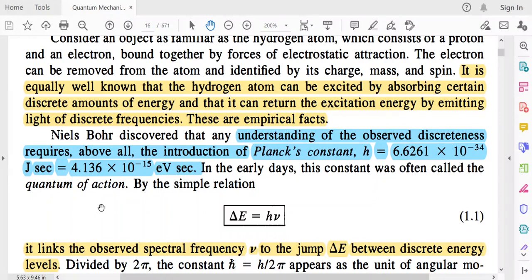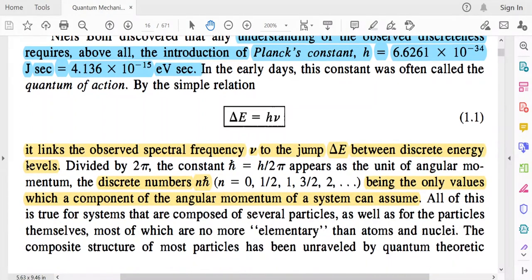In the early days, this h was known as the quantum of action by the simple relation delta E is equal to h nu. It links the observed spectral frequency nu to the jump delta E between discrete energy levels.